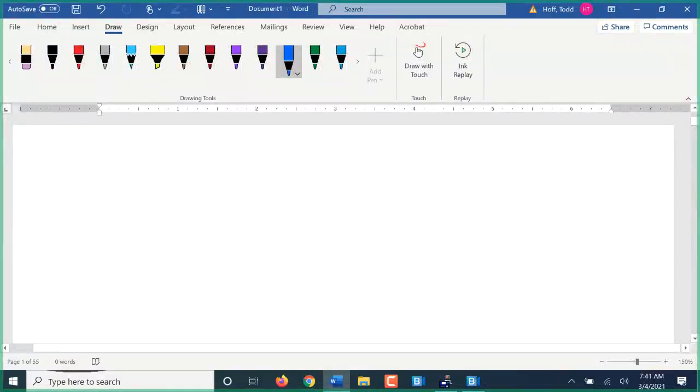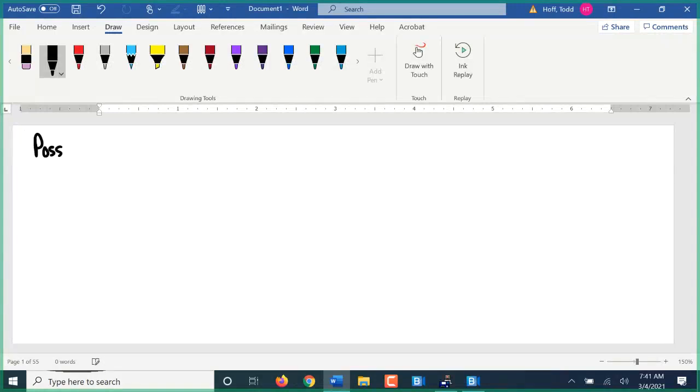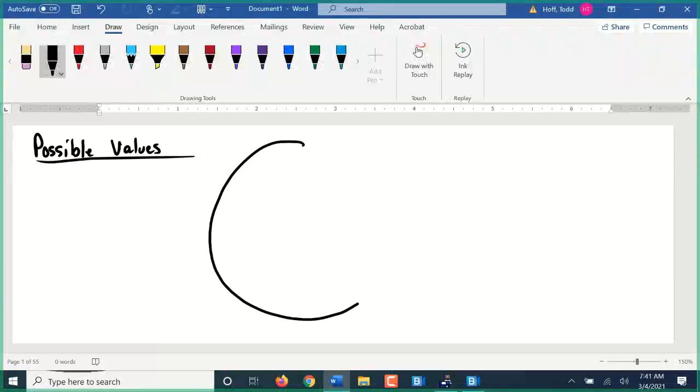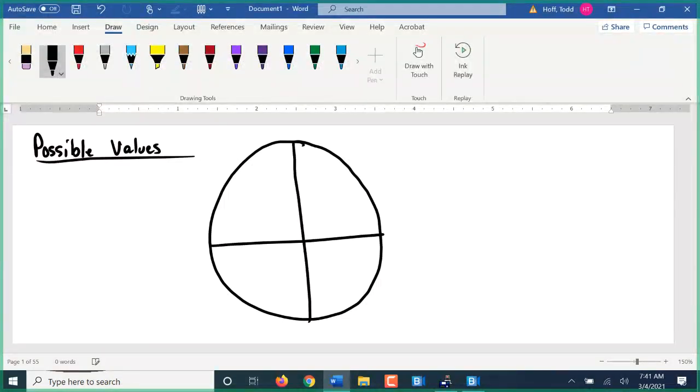I want to take a little bit of time here and look at the possible values for each identity, sometimes referred to as the value restrictions. So if I look at my unit circle, it's important to remember that that unit circle is where all of this comes from. Remember, the unit circle means a radius of 1 unit.